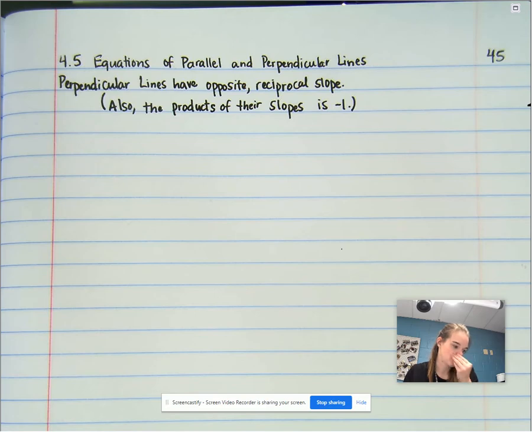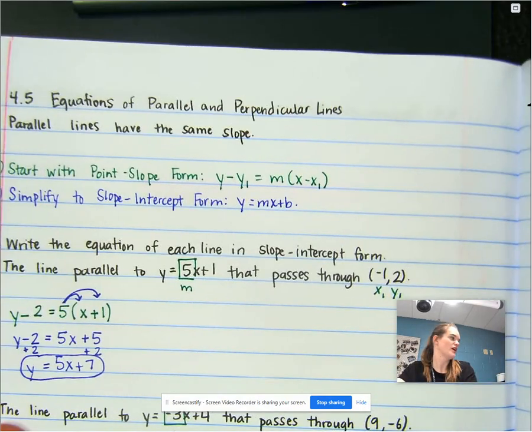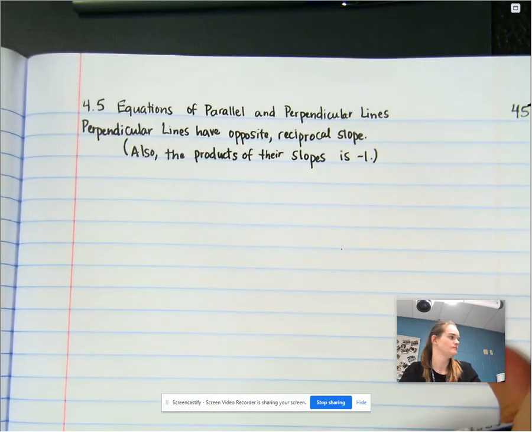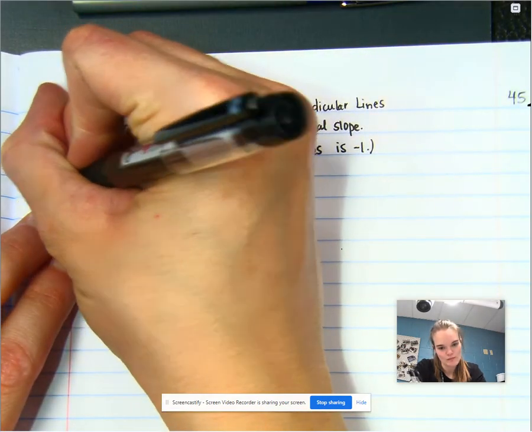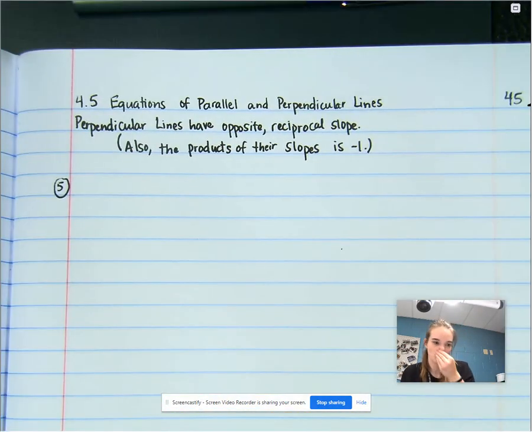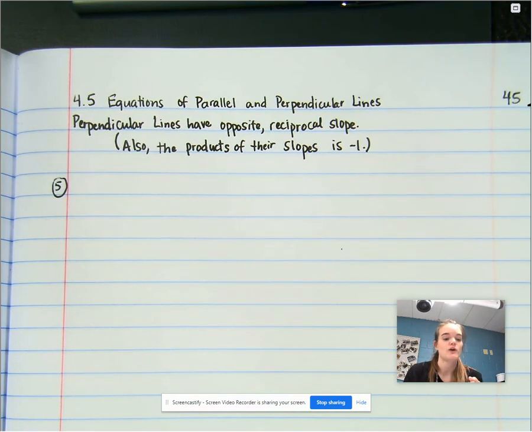All right, so we're going to number this one number 5. We're using the slope-intercept form and stuff that we had yesterday. The instructions are still the same. Write the equation of a line in slope-intercept form.